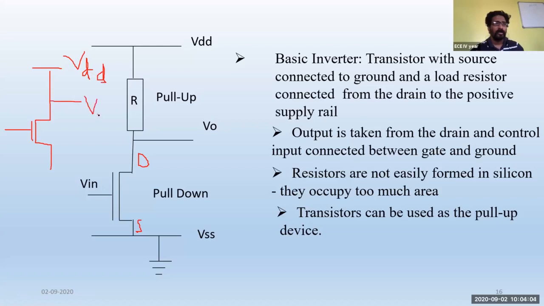Vout is your output, and the source of your NMOS is connected to the ground terminal. This is your ground terminal.